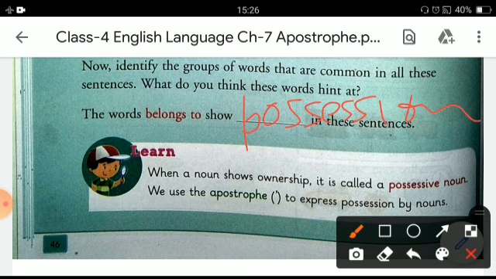In this way, we can say when a noun shows ownership, it is called a possessive noun. We use the apostrophe sign to express possession by nouns.